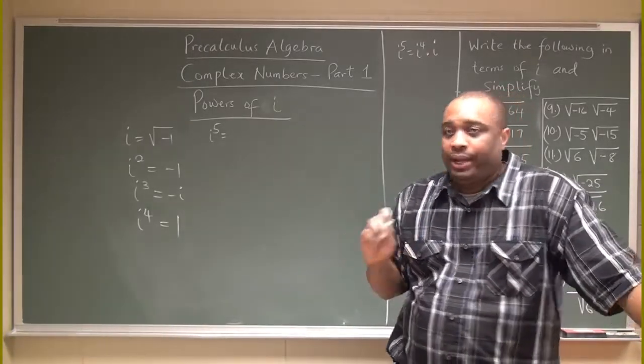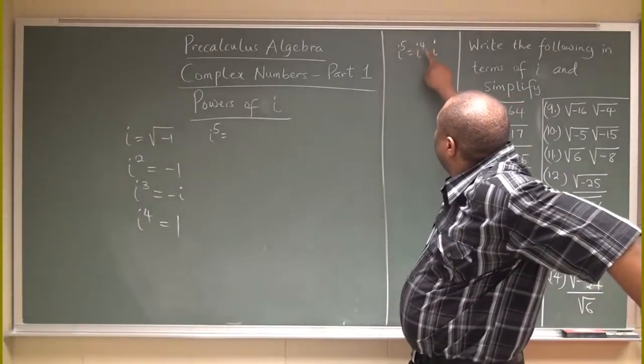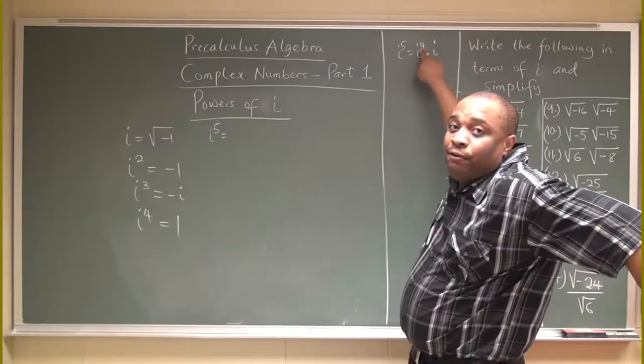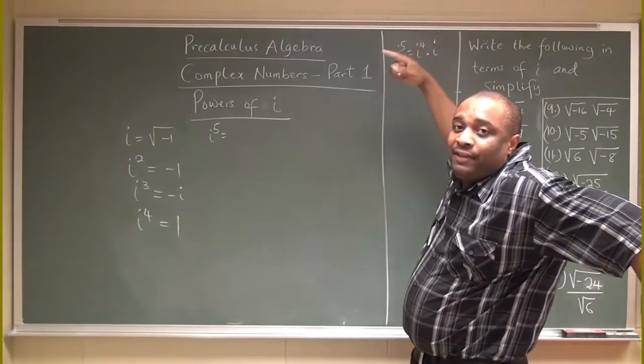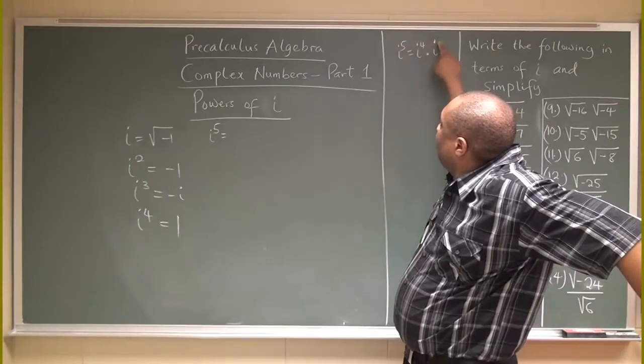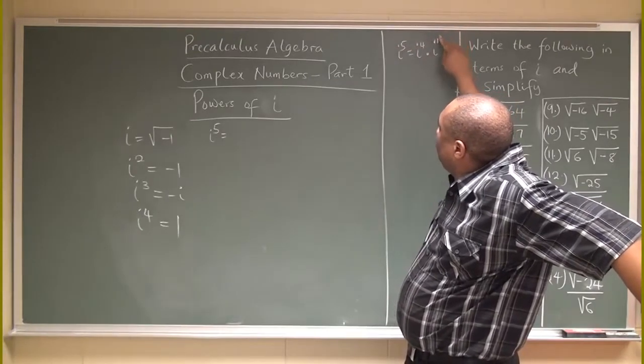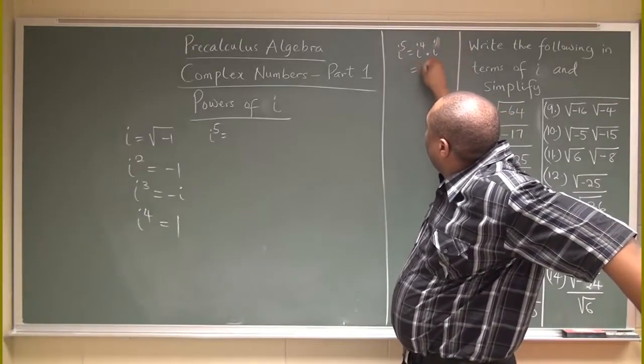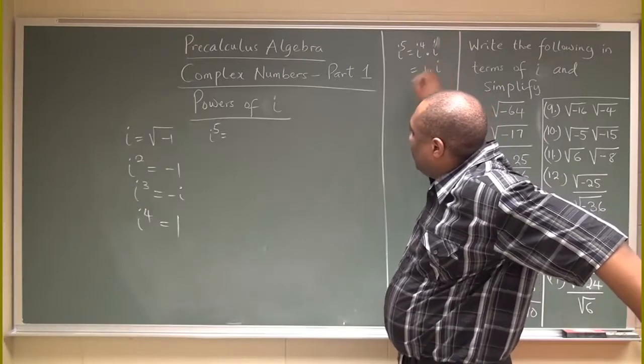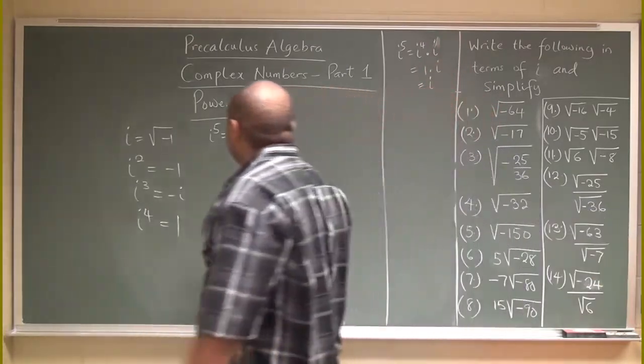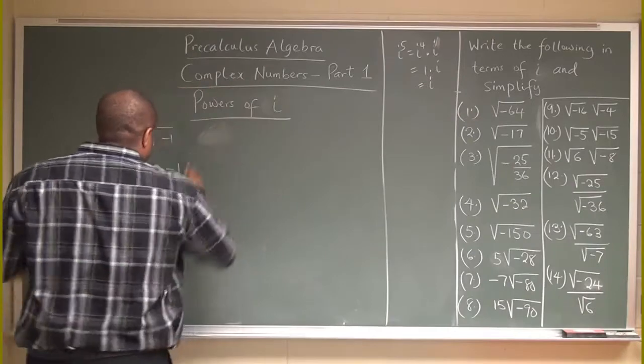It is easier that way. So I to the 5, we express it in 4. Just like laws of exponents, 4 plus 1 is 5, because this means I raised to power 1, which is I. So this will now be 1 times I, which is I.